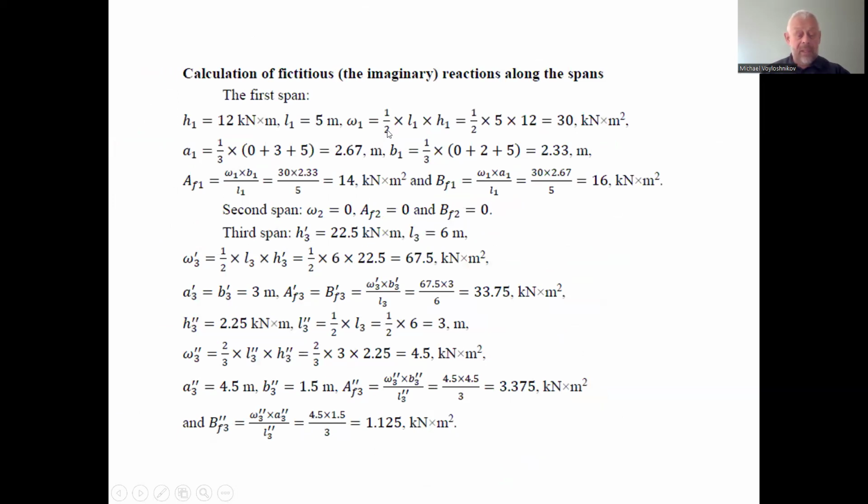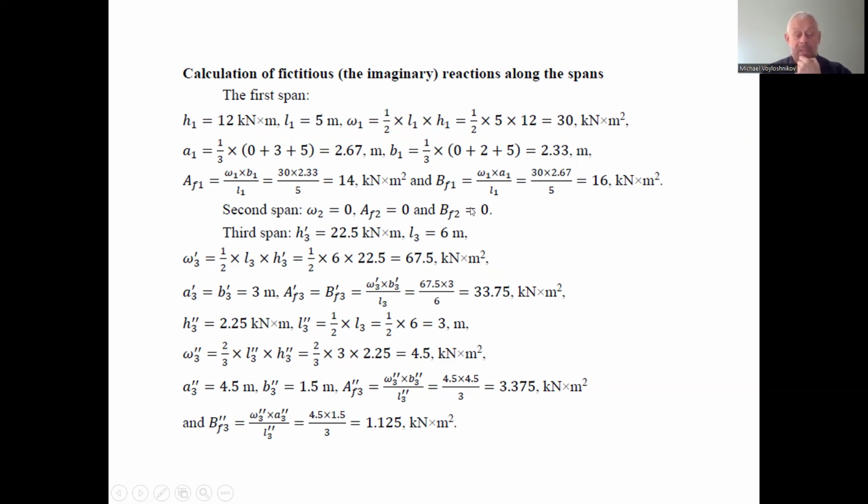The area of the triangle is one half the product of the length of the triangle by its height. We can substitute all this into the formula of the summand of the fictitious load R, and we find that it is 14 kilonewton meter squared. This is the dimension, kilonewton per square meter, of the summand.